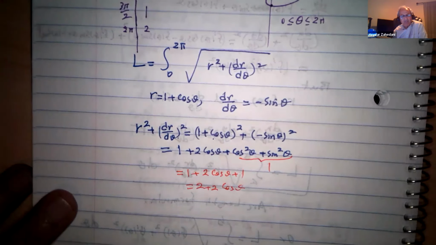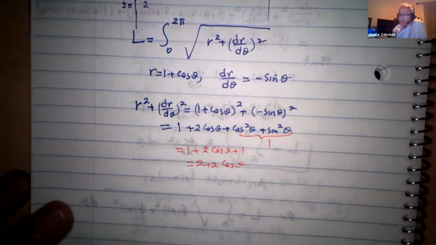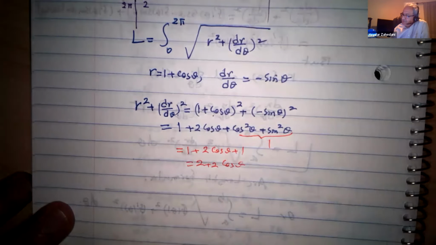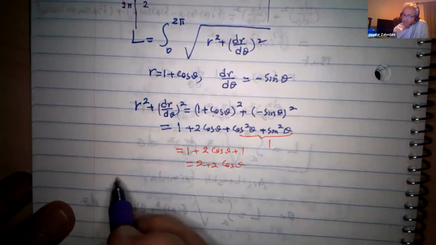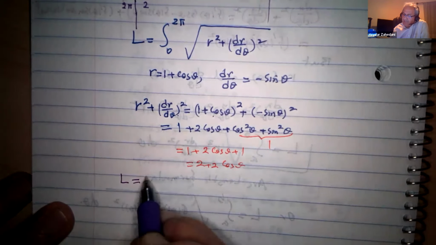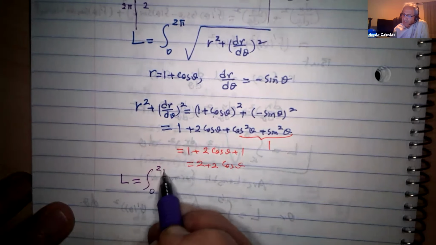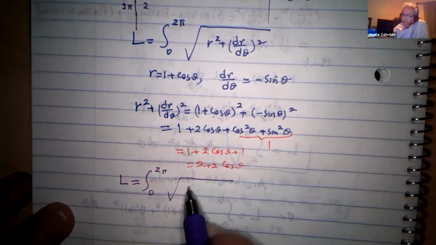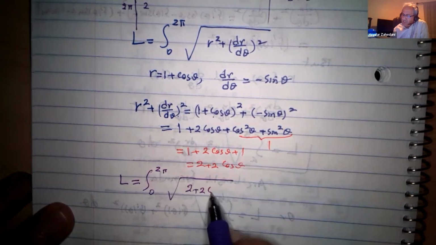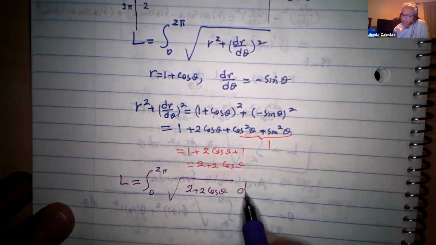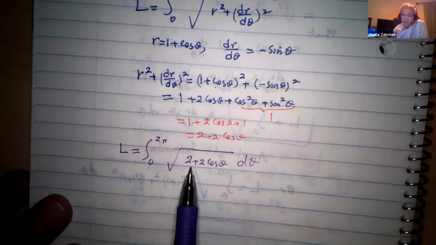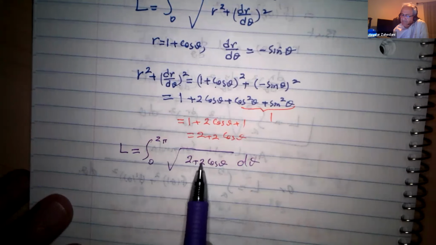So it's going to be 2 plus 2 cosine of theta. So we'll go back, and it's going to be inside this radical, of course. It's a little bit technical, but it can be done. So it's the integral from 0 to 2 pi of the square root of 2 plus 2 cosine of theta, d theta. But you can factor out the 2 here.